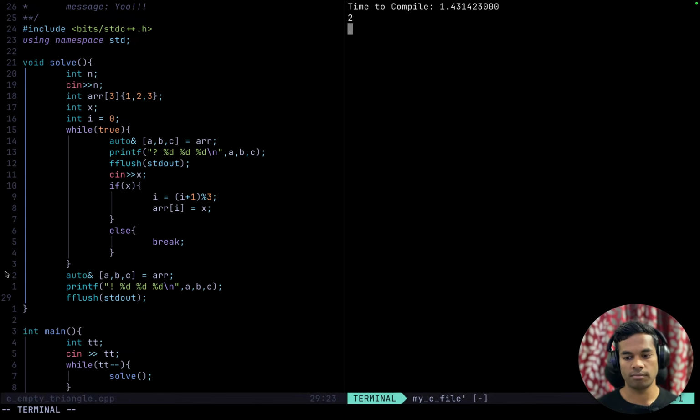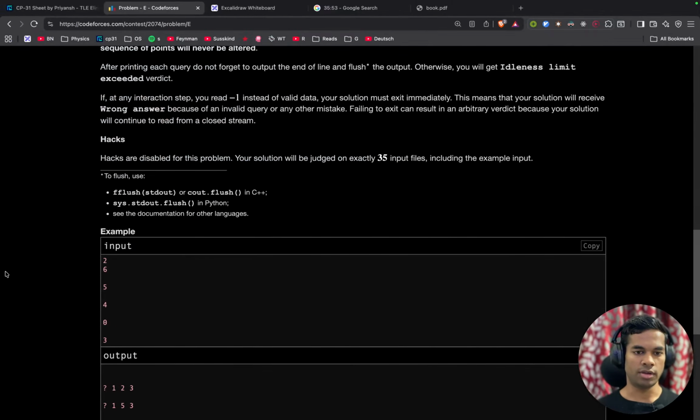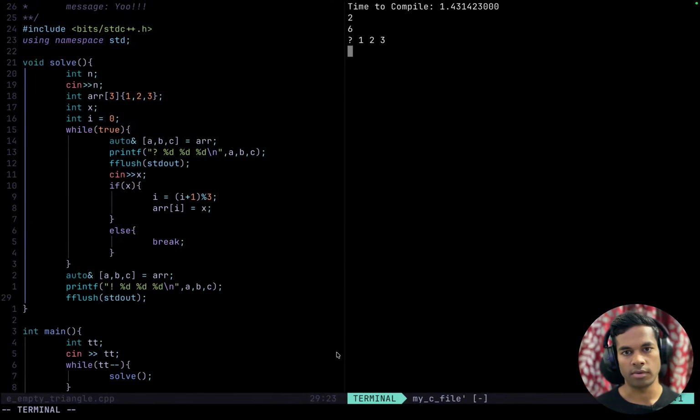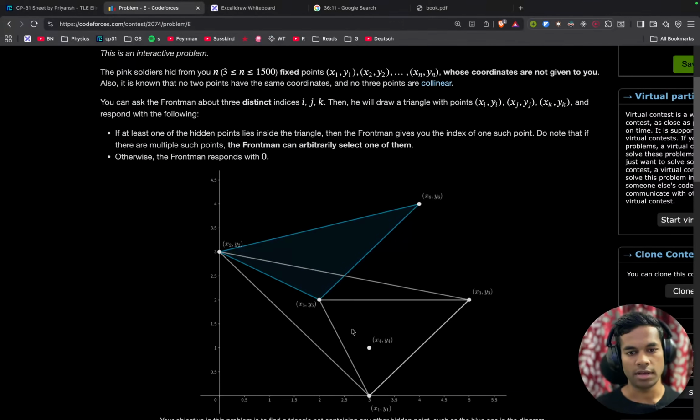Two test cases. First test case has 6 different things, 1 2 and 3. Let's say this is 1, this is 2, this is 3, this is 4 5 and 6. So 1 2 and 3, let's say 4 5 5, 1 5 and 3.